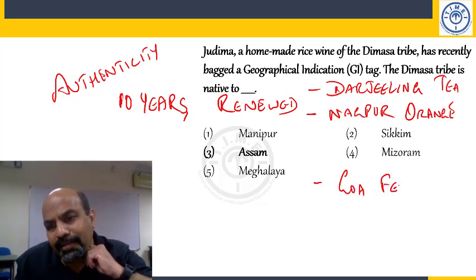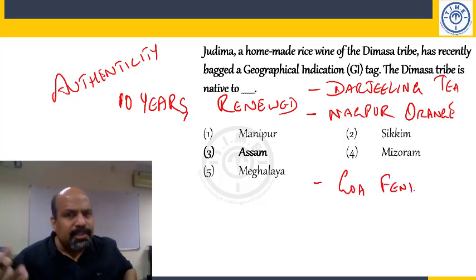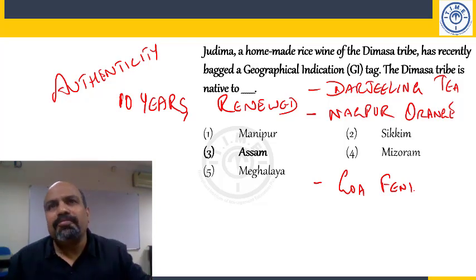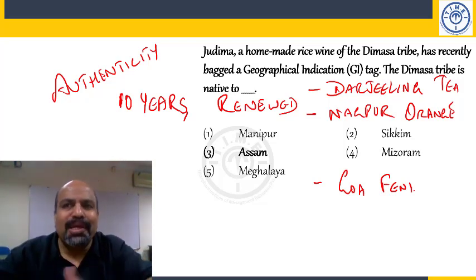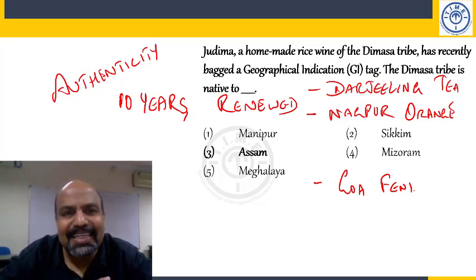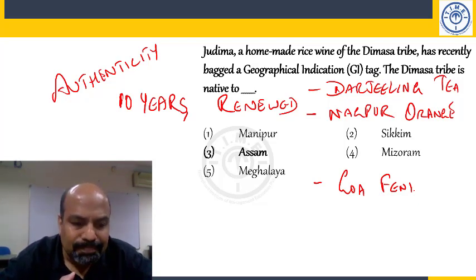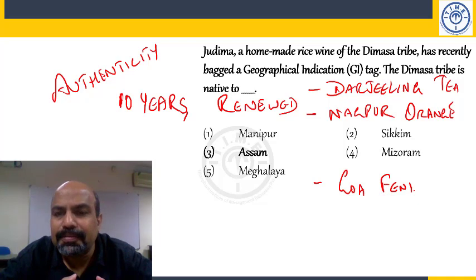Feni is a kind of fermented drink. You could call it wine or beer or whatever, it's a basic alcoholic drink. It's made from cashews.